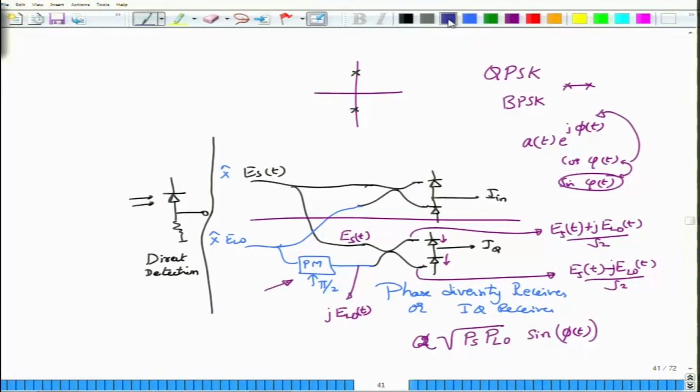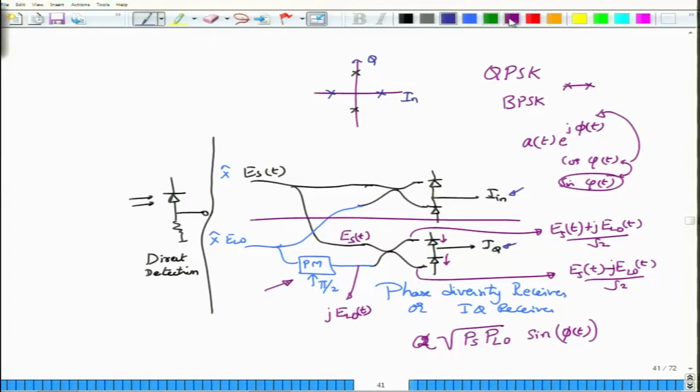Now, when I combine that with this constellation, on the in-phase branch and this quadrature branch, I can distinguish the phase of the incoming signal on the in-phase axis by looking at the sign of the current I in, and the phase on the quadrature axis by looking at the sign of the current IQ. In this way I can distinguish any phase that I would receive.